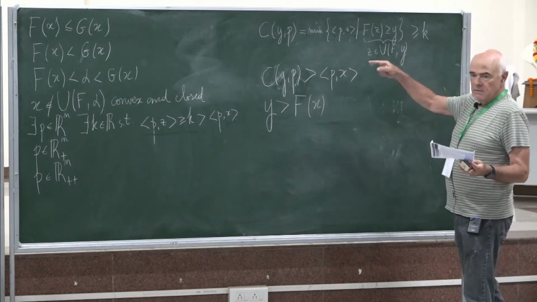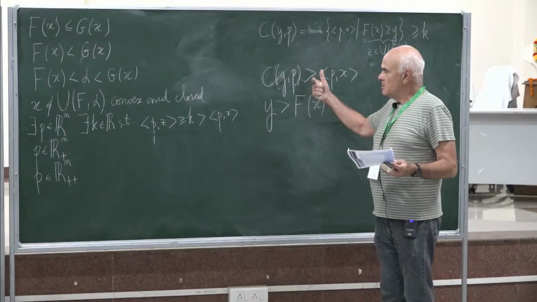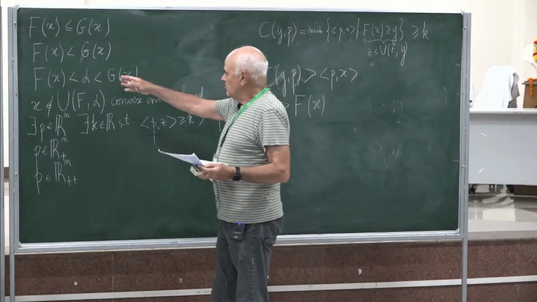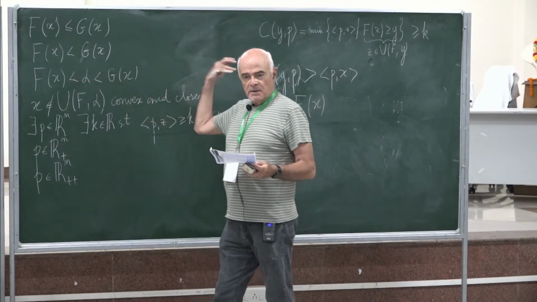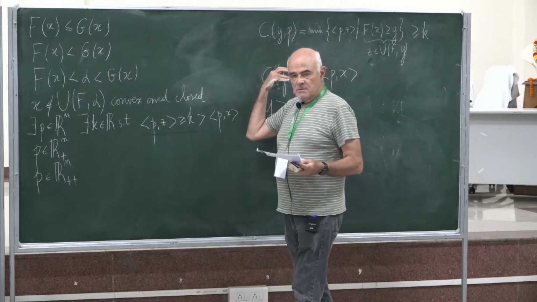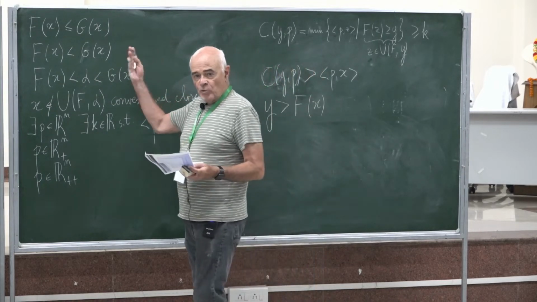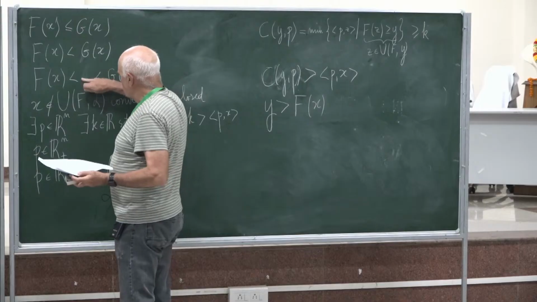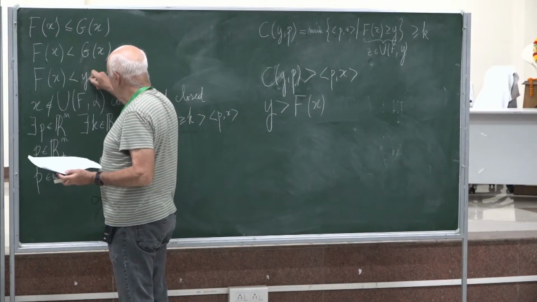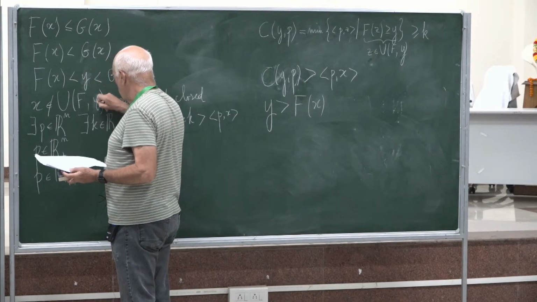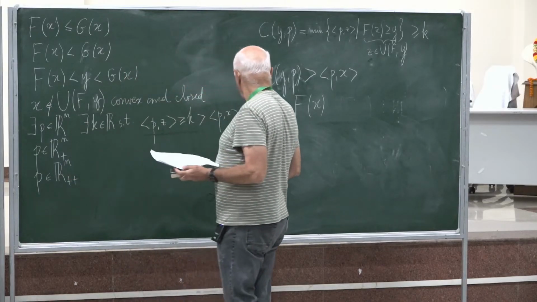It should be the same everywhere. So I can put here y and there y, or alpha in both places. I choose to write y here. Okay?